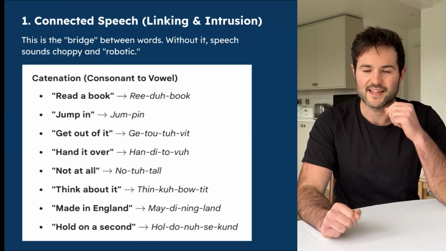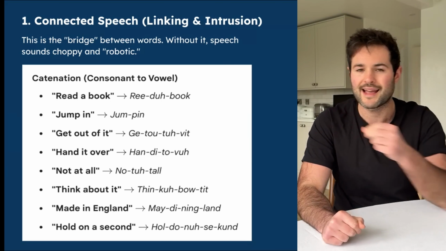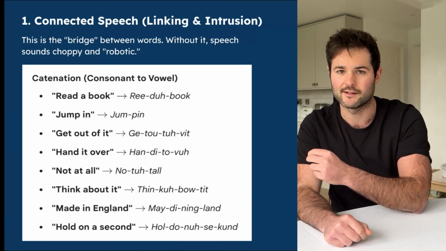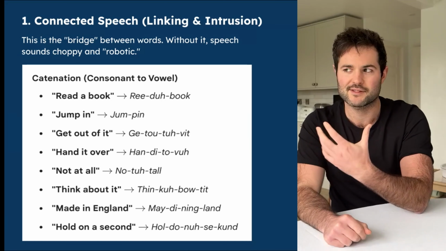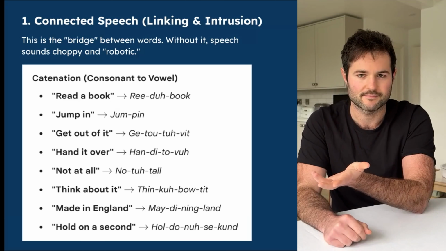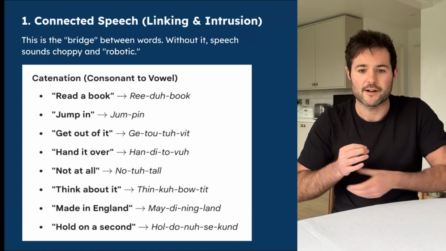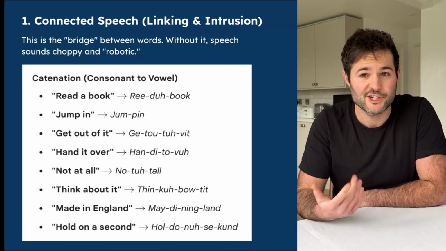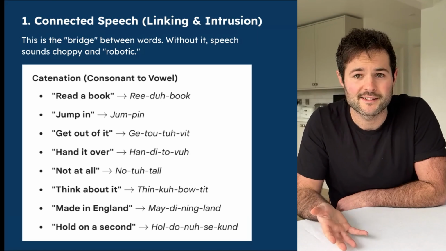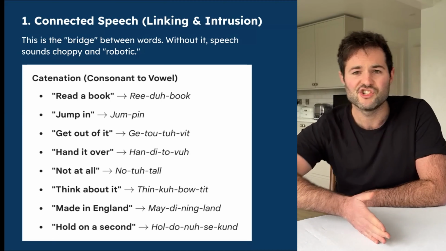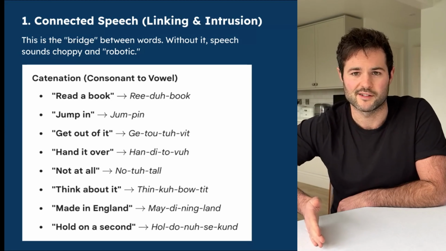The second phrase is jump in. But that sounds slightly robotic, doesn't it? So what we actually do is we link them together, and it becomes jump in. So the P joins the next word.